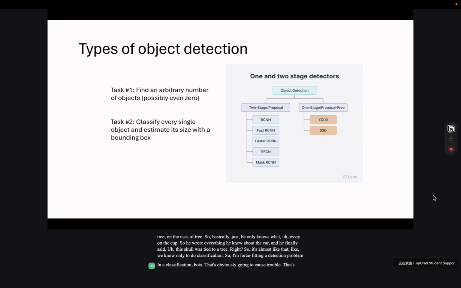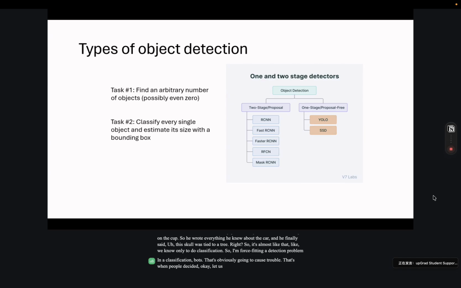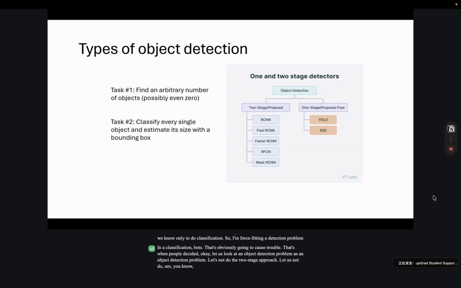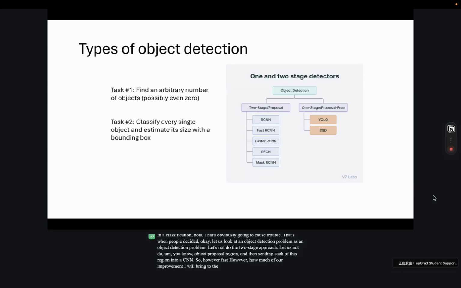That's when people decided, okay, let us look at an object detection problem as an object detection problem. Let's not do the two-stage approach. Let us not do object proposal regions and then send each of these regions into a CNN. However much improvement I bring to the algorithm, it is still bound by this two-stage approach. Right?